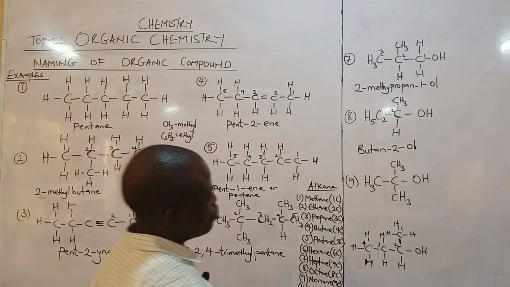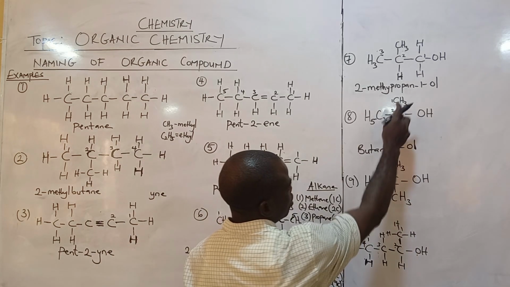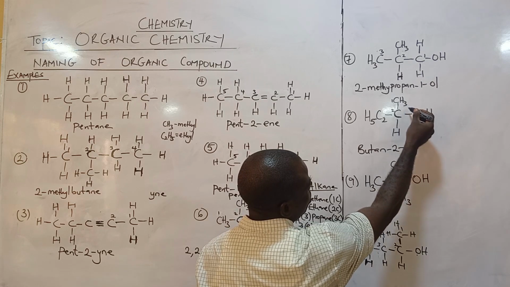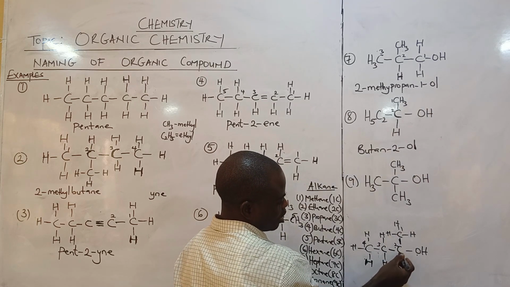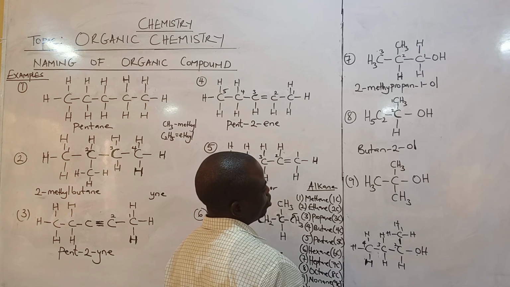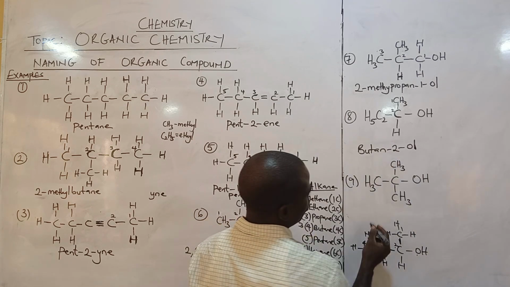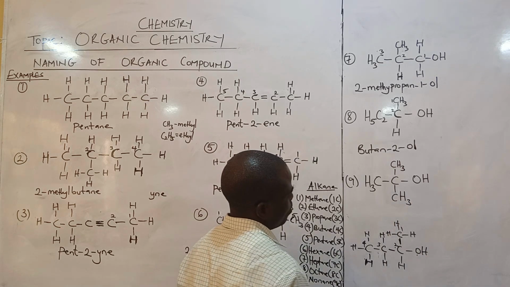Is that okay? There's no attachment of a methyl group. The one that looks like a methyl group is not a methyl group. When you open it, the longest chain is attached to this carbon number 2. That's butan-2-ol.